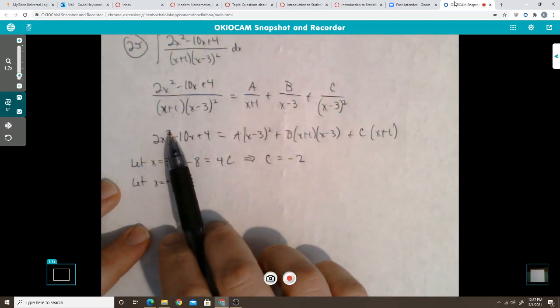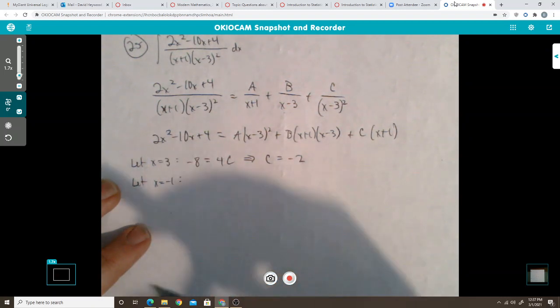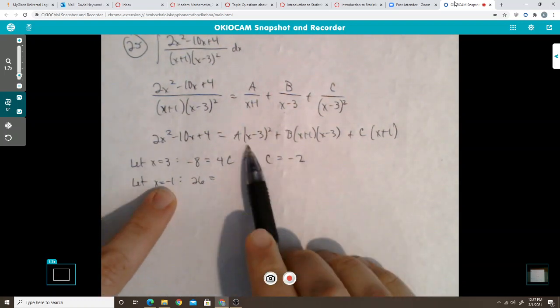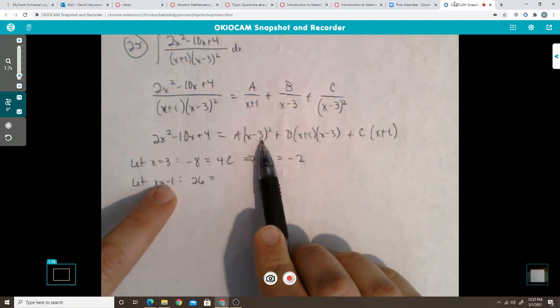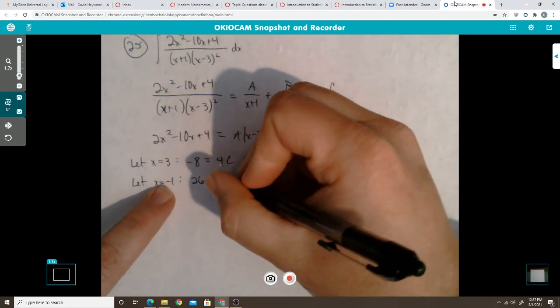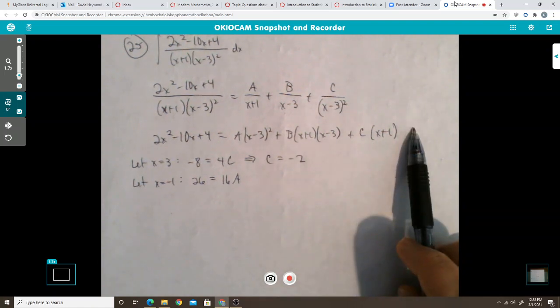I'm going to get 2 plus 20 is 22, plus 4 is 26, equals, and here negative 1 minus 3 is negative 4. Negative 4 squared is 16. So I get 16A. And then that's gone and that's gone, right?